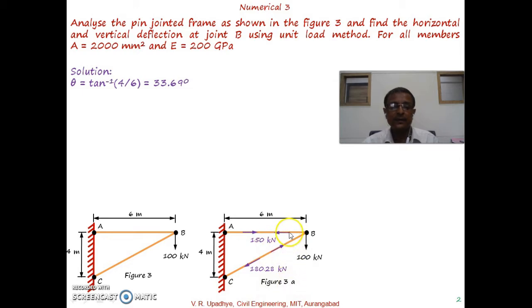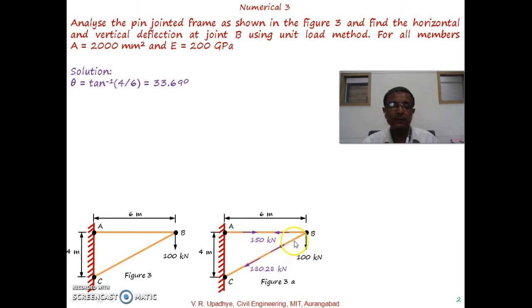What we are doing is calculating the internal member forces due to the applied external force. If we consider a free body diagram of joint B and apply the method of joints, then applying summation Fy equal to 0 at joint B, we can write the equation as FCB sin 33.69 must be equal to 100.